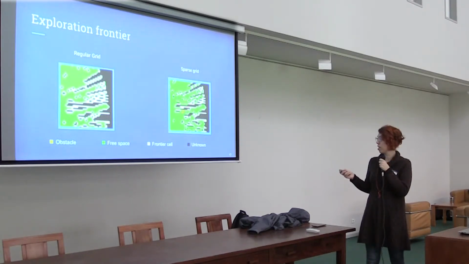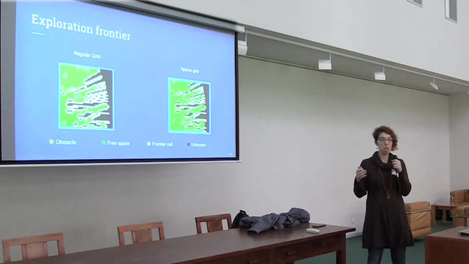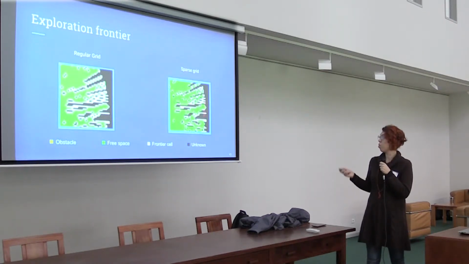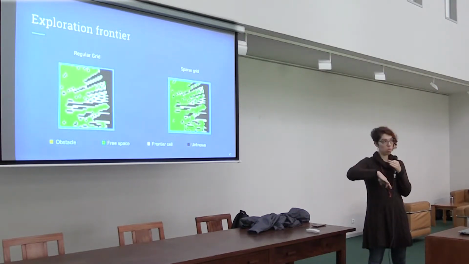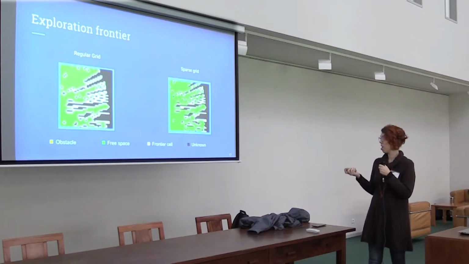We can see that the same frontiers are identified, but also there are some parts where the line is somehow larger. This is because here it's in 3D, so the unknown neighbors that are above and below are also taken into account.